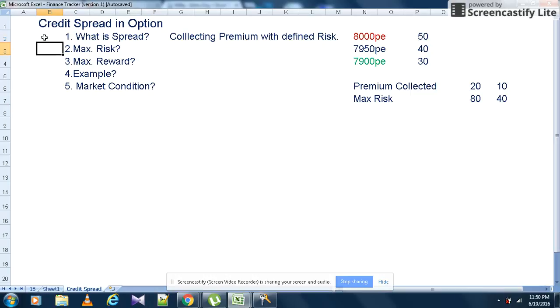Then what is the maximum risk and maximum reward? Both topics I'll be covering with a sample example. But before that, let's go to the right market condition to execute this kind of strategy.